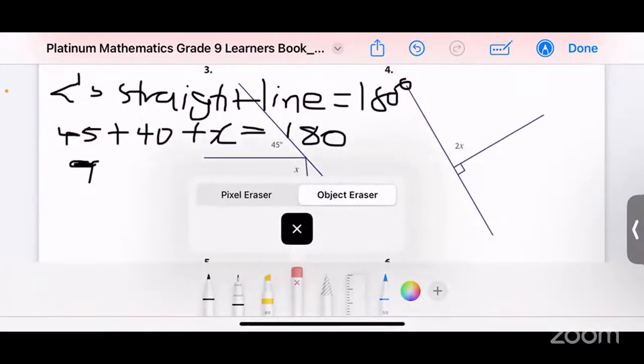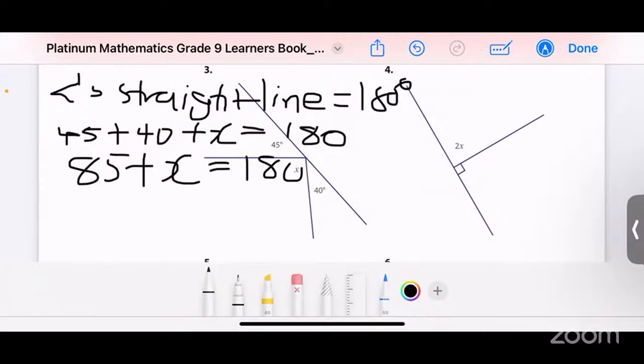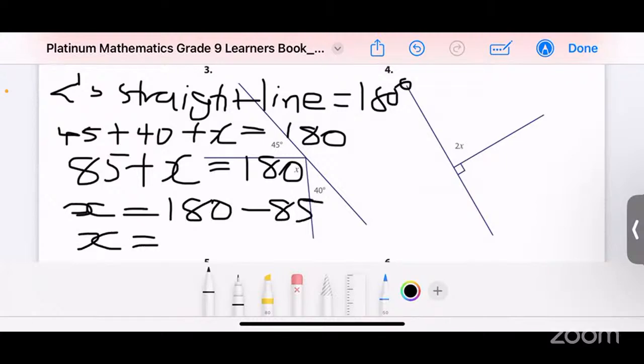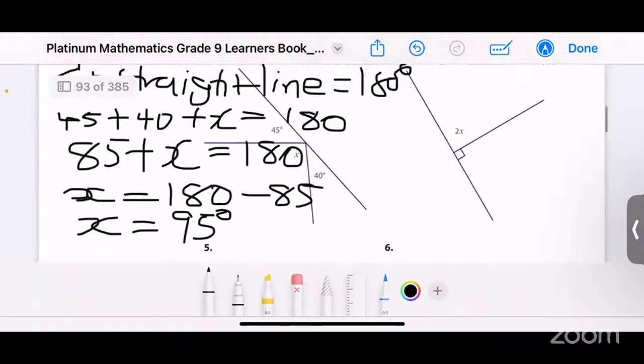That's 85. Plus X is equal to 180. So X is equal to 180 minus 85. What is the value of X? X is 95. So this is how we get the value of X, né?